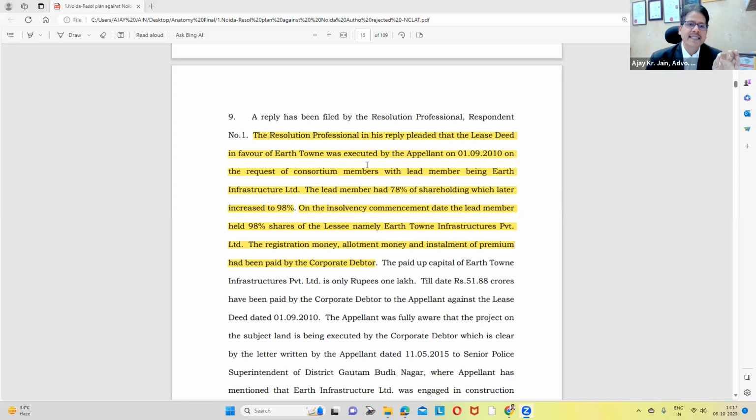The lease deed was executed in favor of the Earth Town. Land owning company is the Earth Town. CD is the Earth Infrastructure. The SRA proposed that land should be transferred in their favor. The resolution plan was passed with the required majority. The AA also passed the order in favor of the SRA.